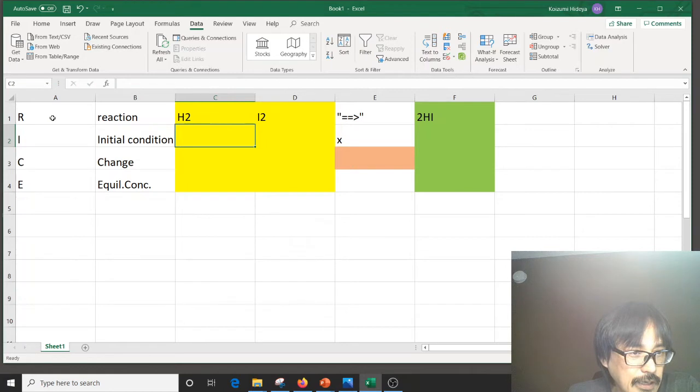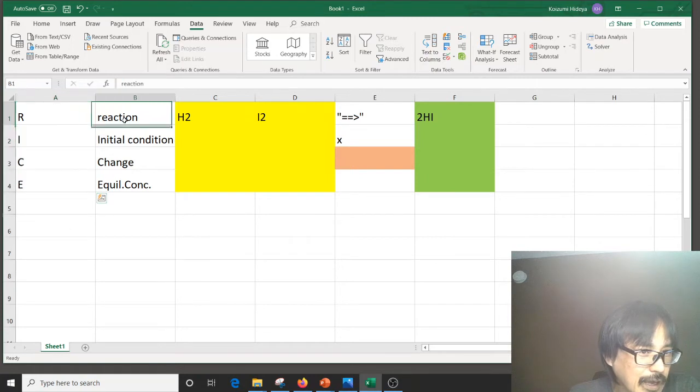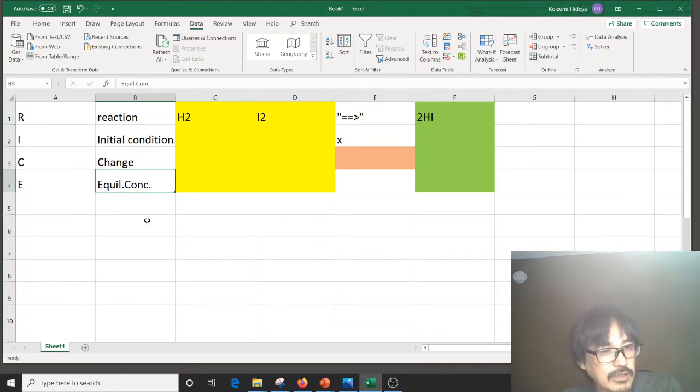Whenever you're dealing with this type of problem, asking for the final concentrations of the reaction, you should always write out the RICE table. R stands for reaction, I for initial conditions, C for change, E for the equilibrium concentrations, the final concentrations.